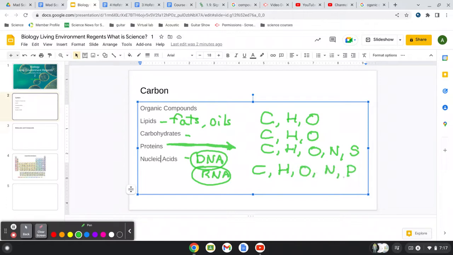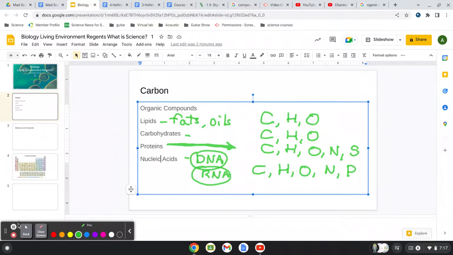So you notice that they're all made of carbon, hydrogen, and oxygen, and proteins and nucleic acids also have nitrogen and sulfur, and nucleic acids have that phosphorus. So you can see how important carbon is, because carbon can bond with 4 other elements, where hydrogen can only bond with 1 other, and oxygen can only bond with 2 others.